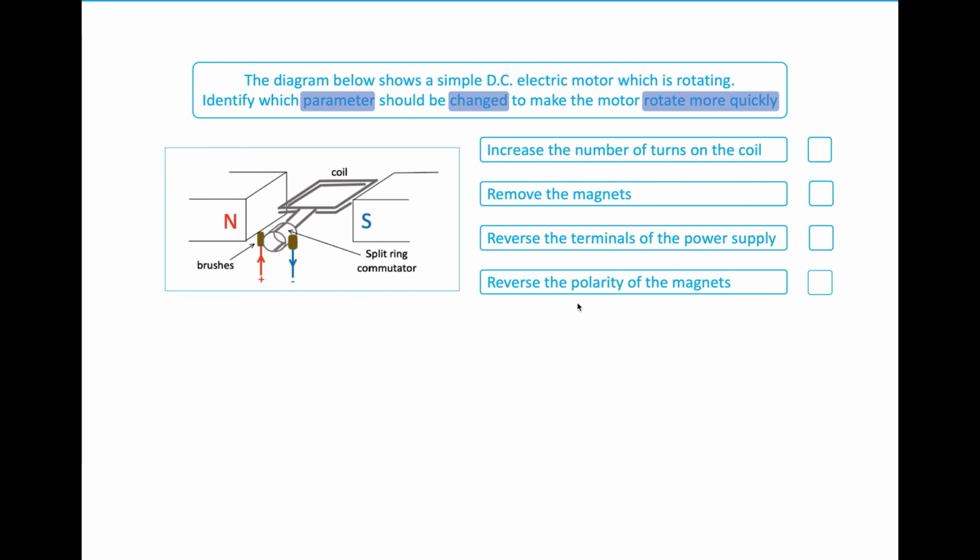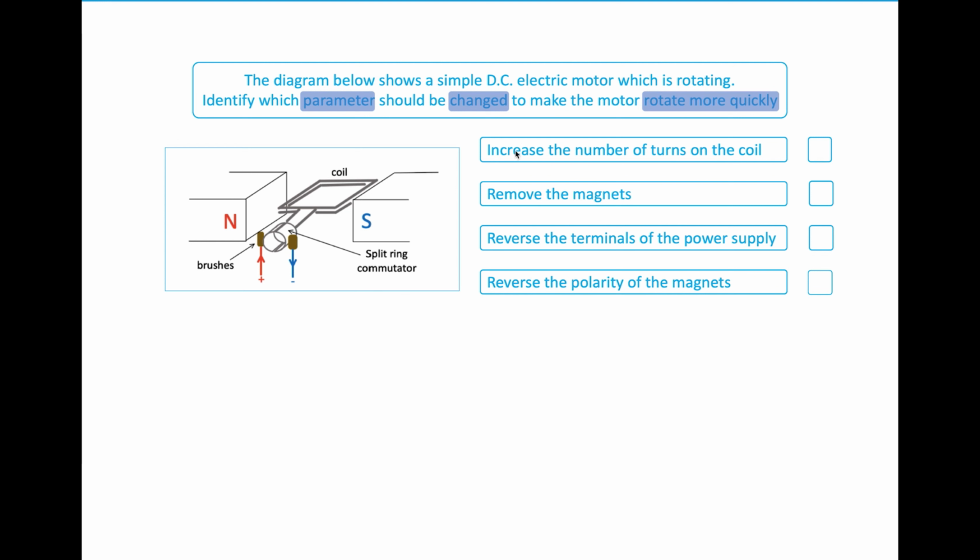Similarly, if I reverse the polarity of the magnet, so if I make that a north and that a south, I no longer have a magnetic field running in that direction, left to right. I'm now running it right to left, so that will also not speed up the coil. That will just cause it to change direction. It'll rotate in the opposite direction.